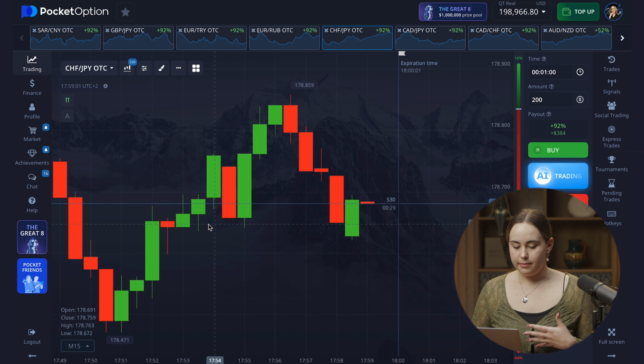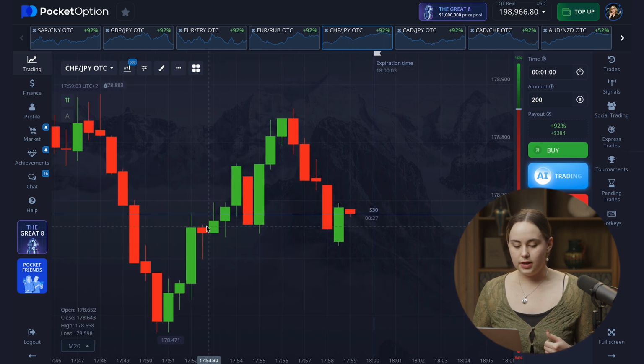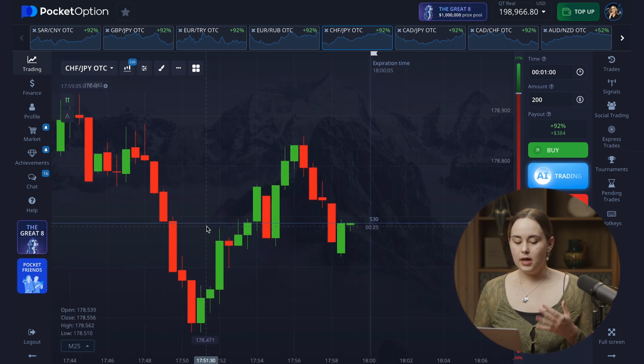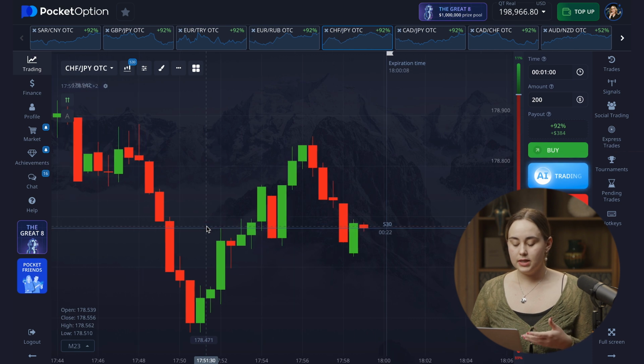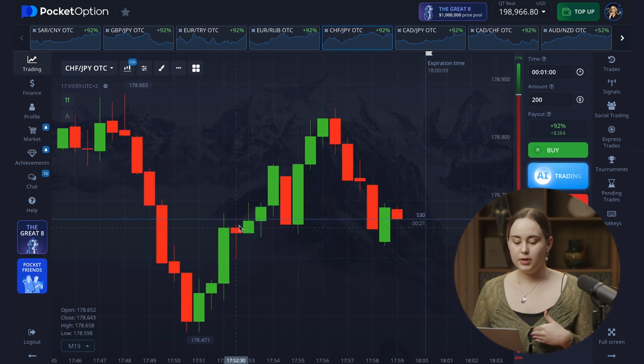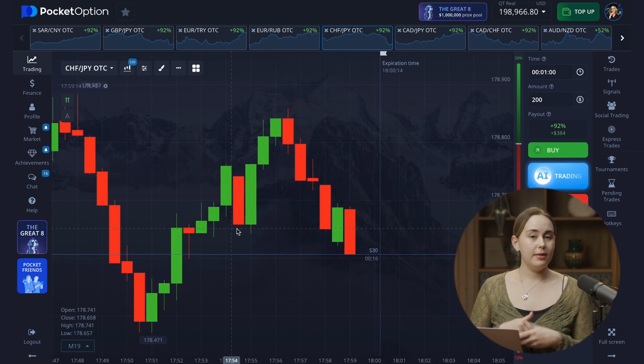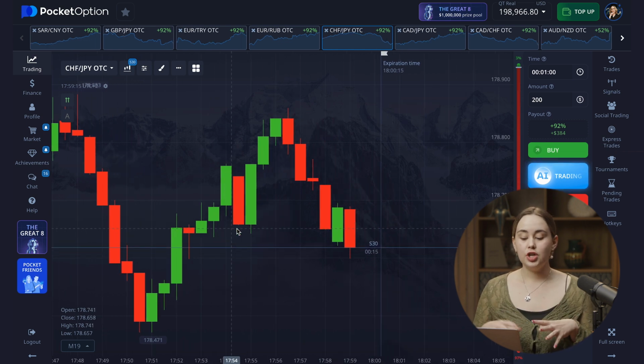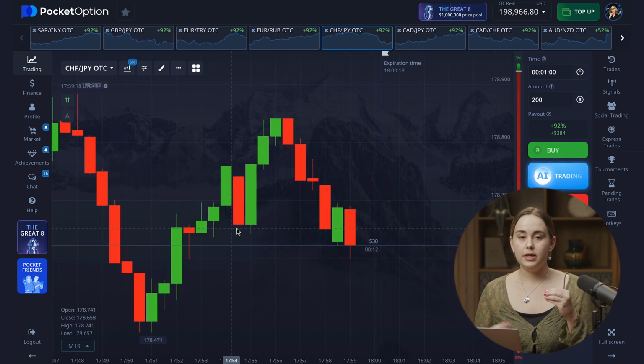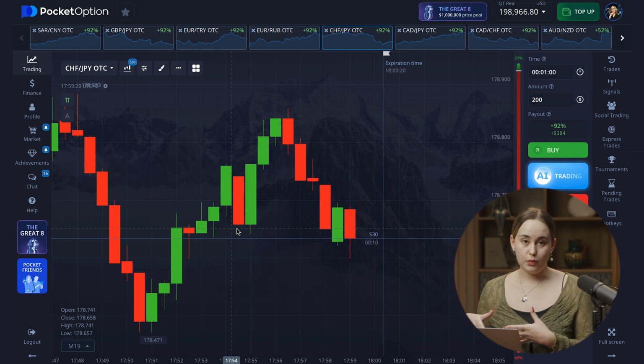So this long wick lets us predict that the flow of the price is going to change. And let me maybe find you another example of an inverted hammer. Basically it's the same one, but we have a really long wick that's going up. It means the same, a change in the flow of the market, but the opposite way, the downward trend.